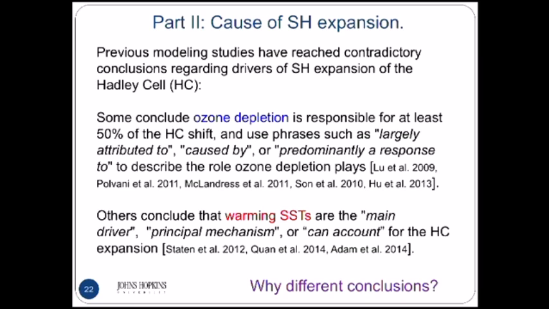But then there was another set of studies that had done what appeared like the same type of experiments, and they concluded that the warming SSTs was the main driver or principal mechanism, or can account for it. And so I was actually involved with an ozone assessment.